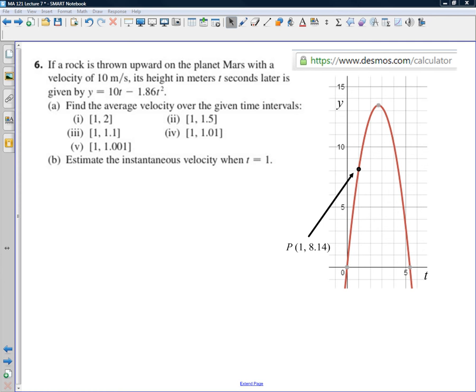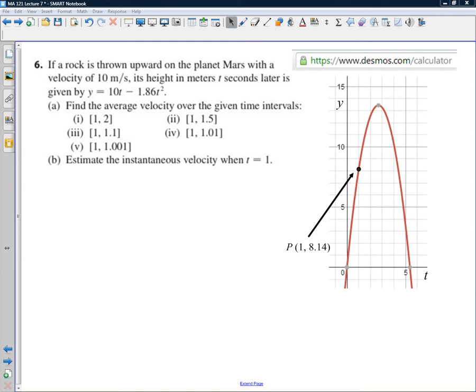It's landing back. The graph does extend, but that's not really accurate, right? It doesn't have any meaning in physical reality. It starts from the ground or the dust, whatever we've got there on Mars. It is thrown up and it returns under the force of gravity just over 5 seconds later.